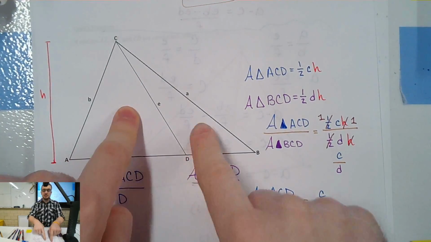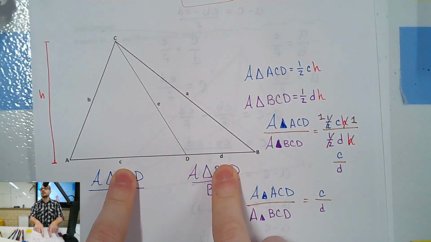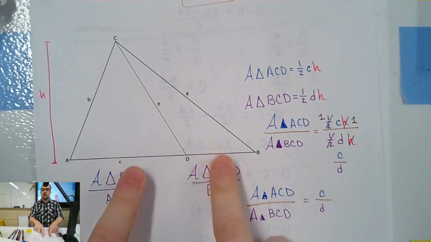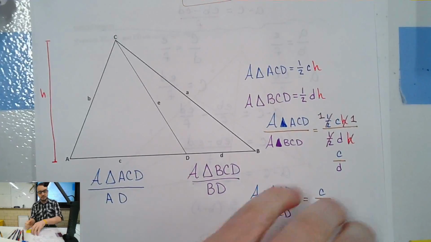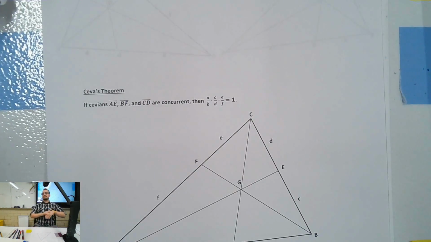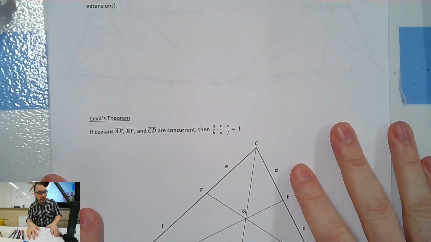If that's 3 times as big as this guy, then that segment is 3 times as big as this guy. Only true for the bases when the height's the same. Those are our two lemmas. If the areas are proportional, then the bases will be proportional, when the height is the same.